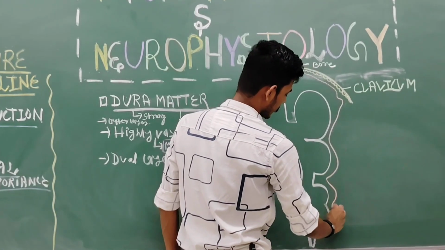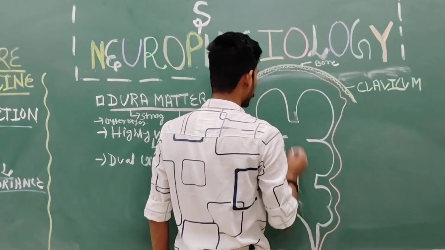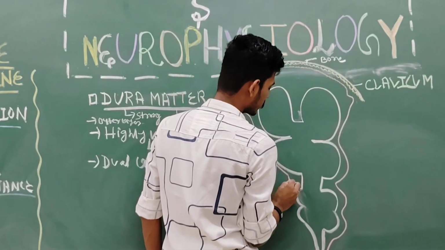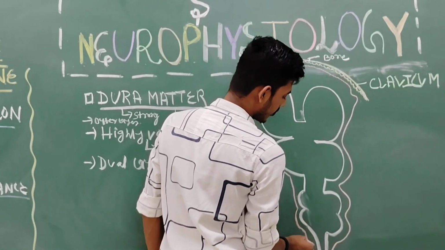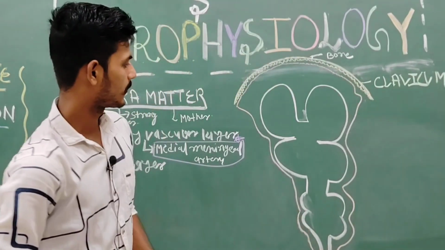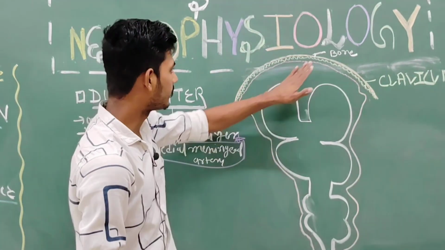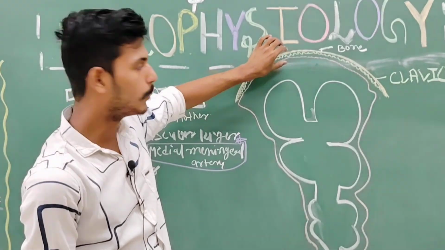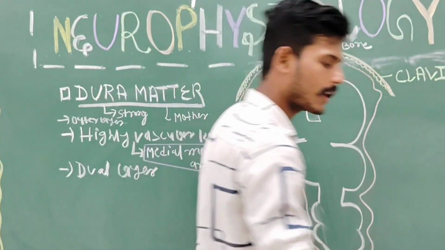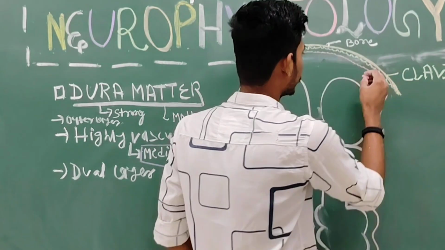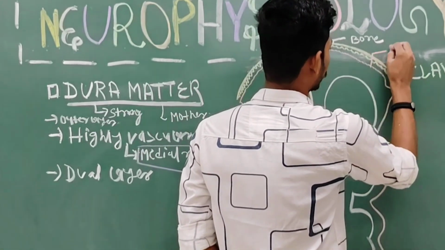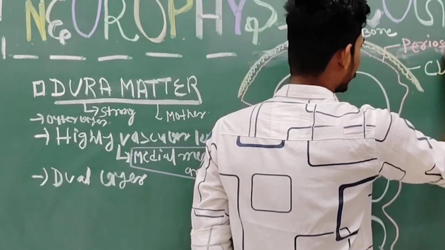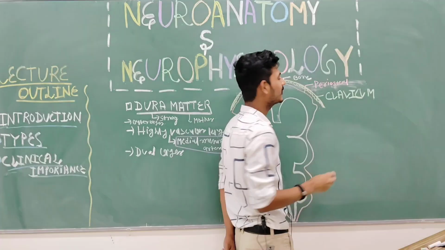Understood? Are you getting the point? The first layer of the dura mater is attached with the clavicum, that's your bone, and this layer is called the periosteal layer.